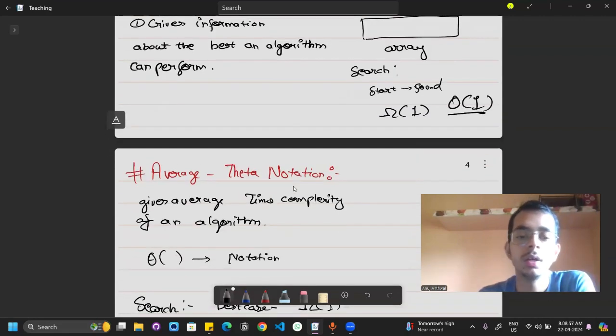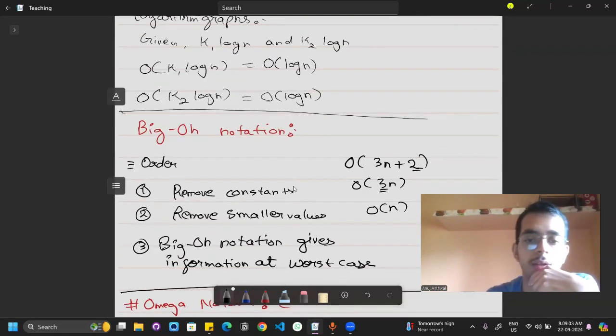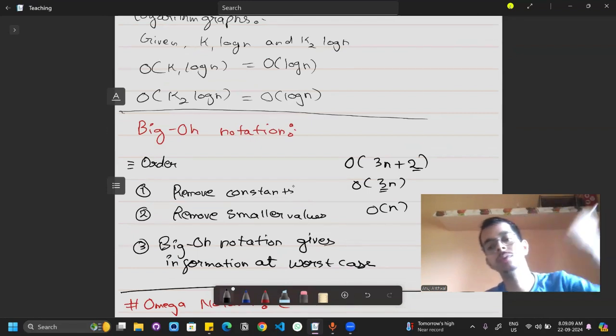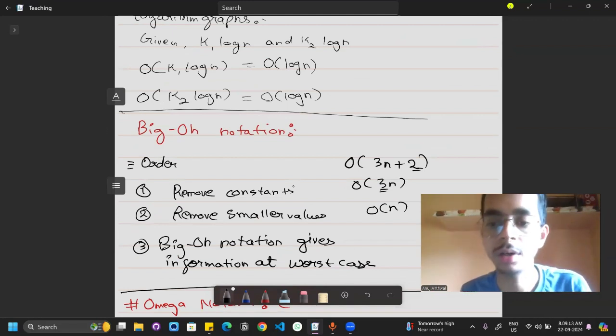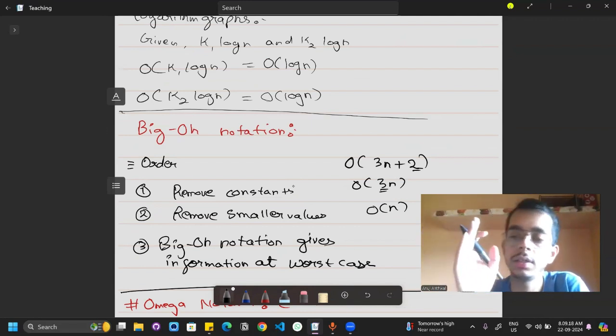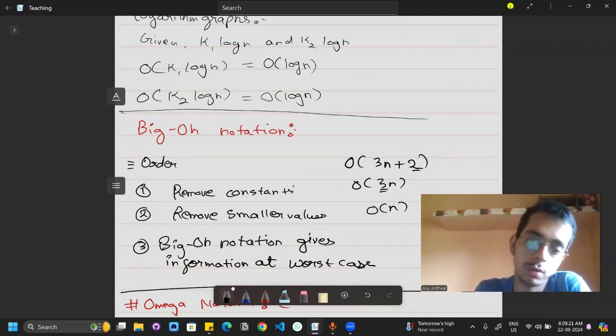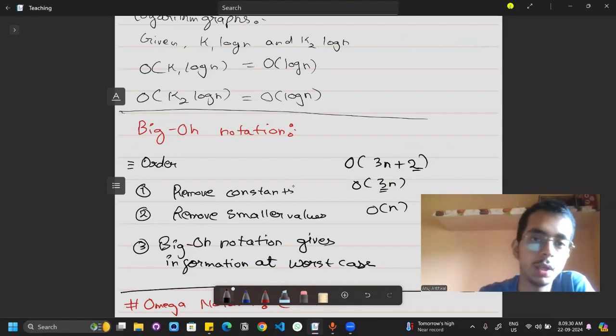And the theta notation also doesn't matter, because if you can bring down the Big O, the worst case time complexity, then ultimately your best case and your average case will come down. So the best idea is to bring down your Big O value, or the worst case time complexity.